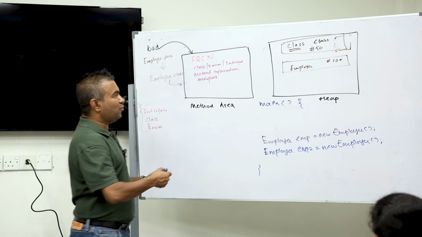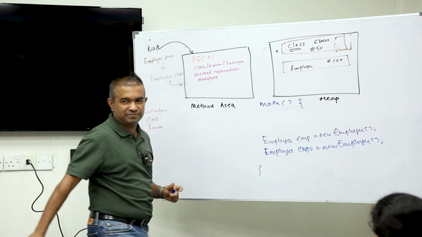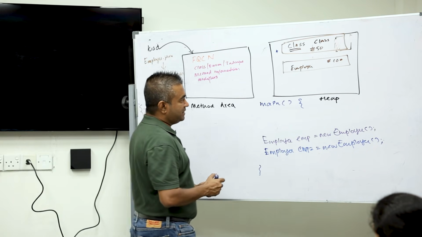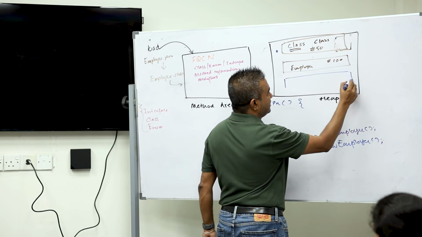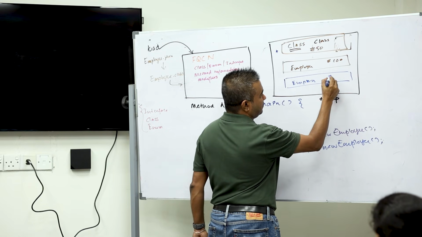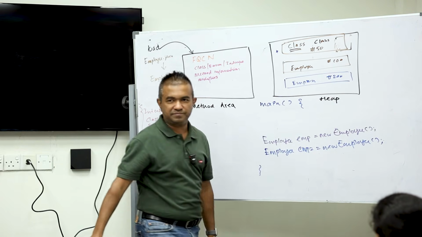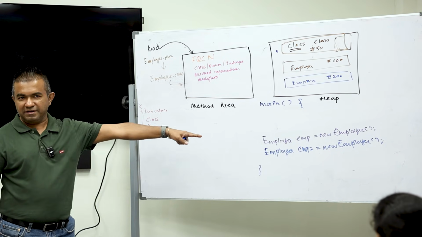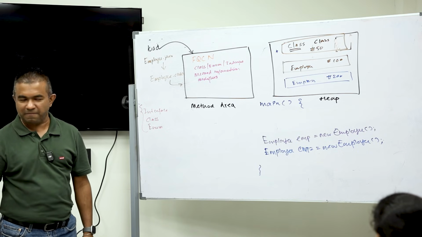Why? This is already being created. But it will create the second employee type object, probably at memory address 200.